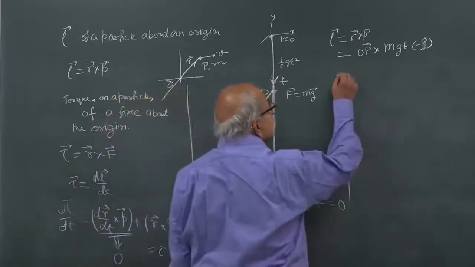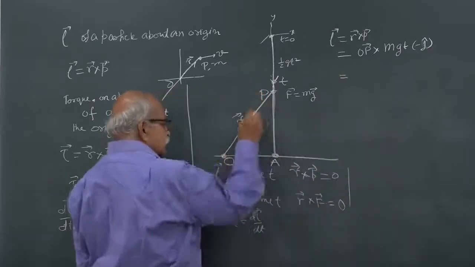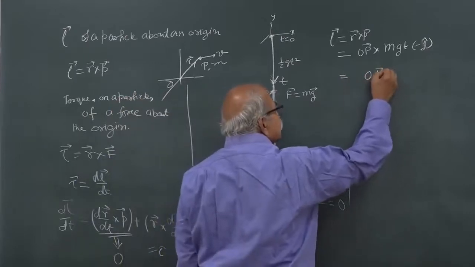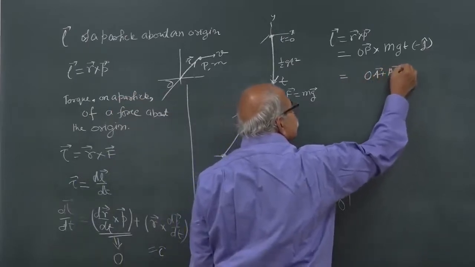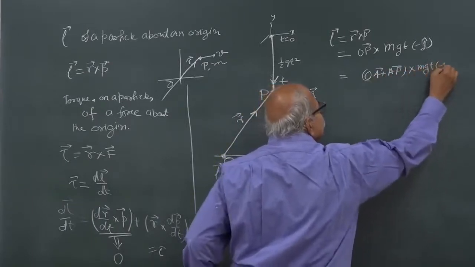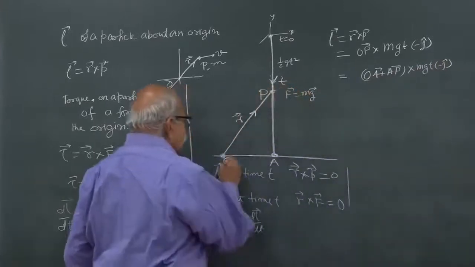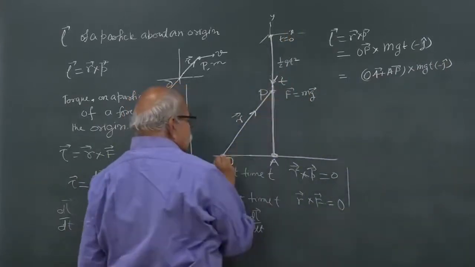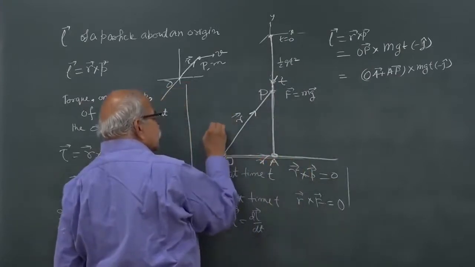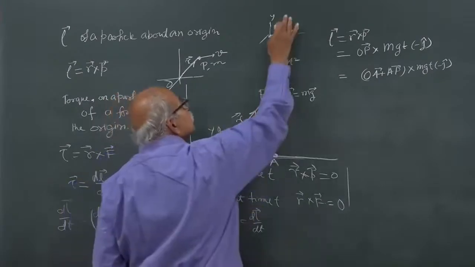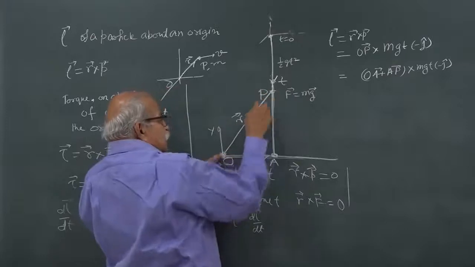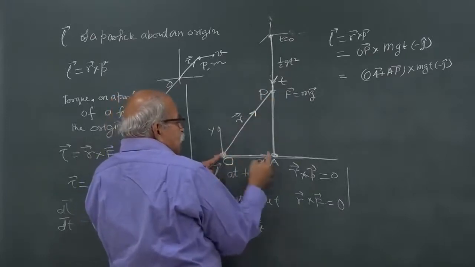And if I work it out, this OP vector is the OA vector plus the AP vector, and cross mgt and then minus j cap. OA, this is the x direction. So, let us take origin here, and this is our x direction, this is our y direction, and the z direction is here. All right. So, this is origin, this is the OP vector, which I am writing as OA plus AP.